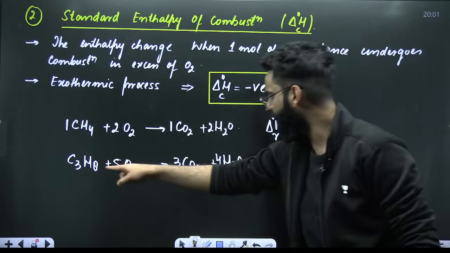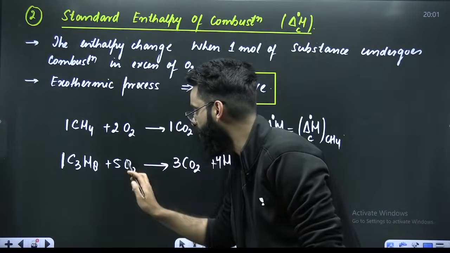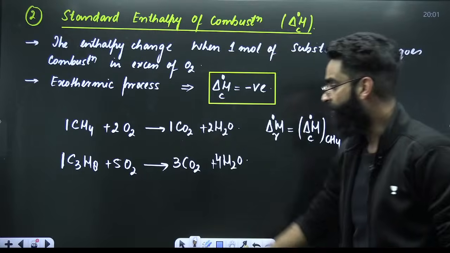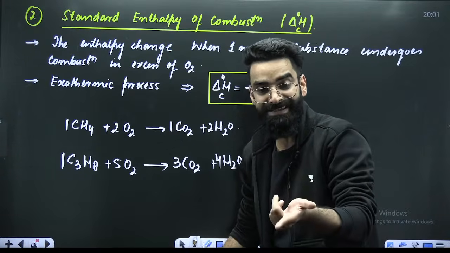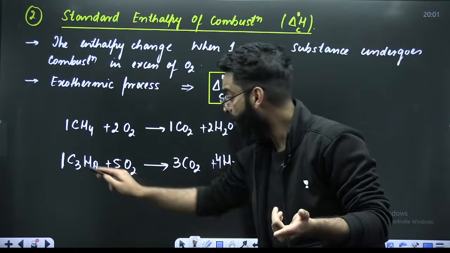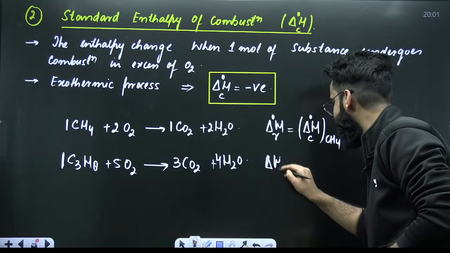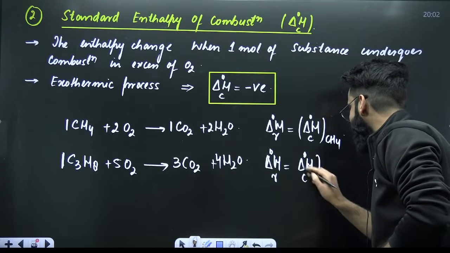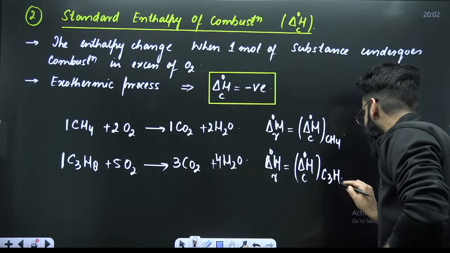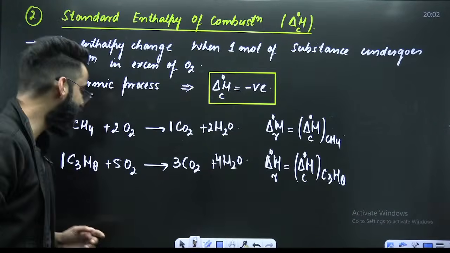If you look at this particular reaction carefully, can I say 1 mole of propane is undergoing combustion? 1 mole of substance is undergoing combustion. The amount of heat released when 1 mole of propane undergoes combustion, that is something which I'll be calling the standard enthalpy of combustion of your propane. Correct?